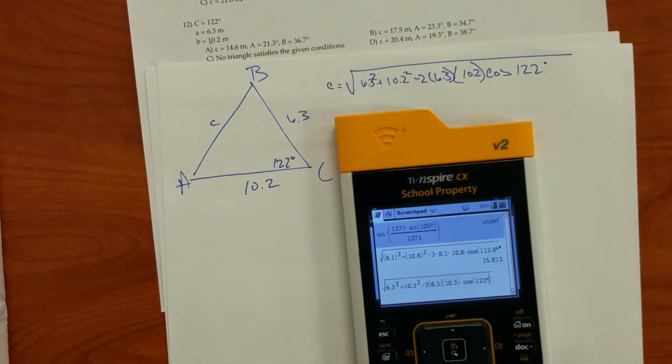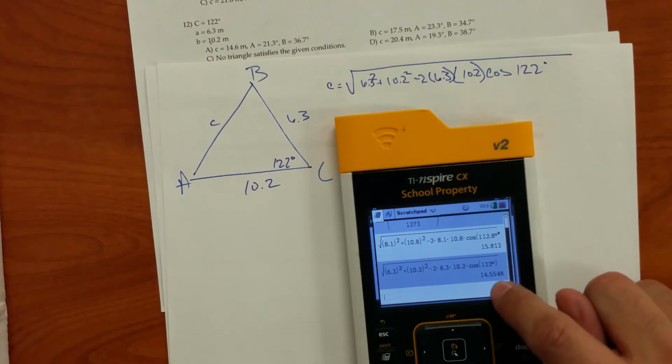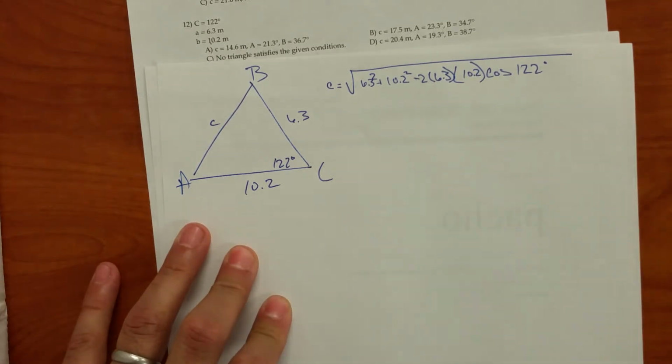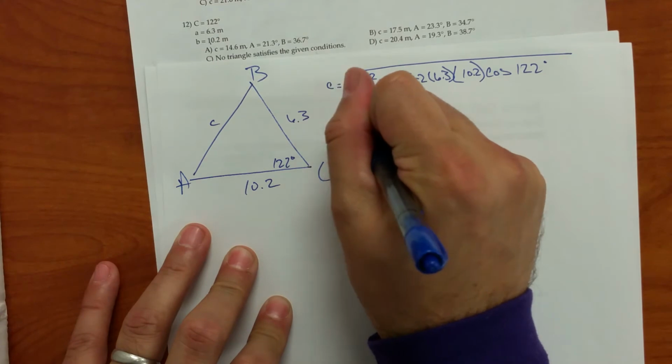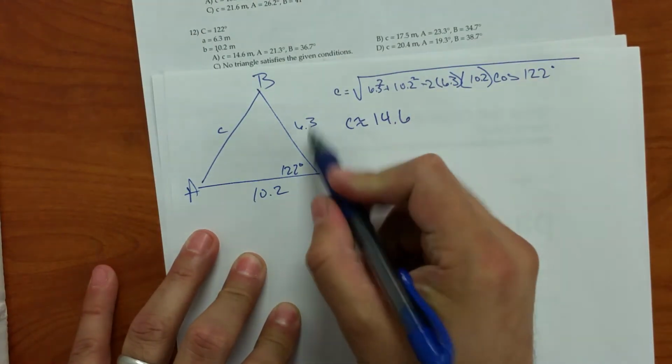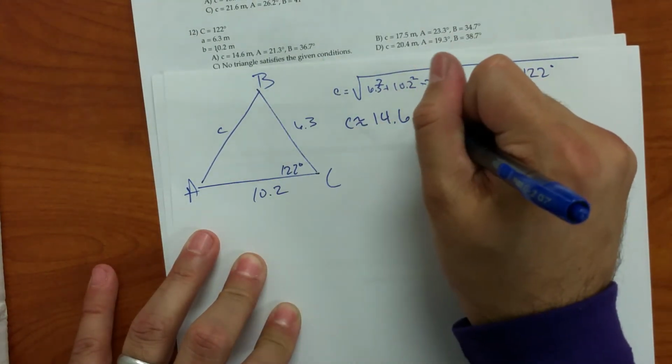There we go. And I get 14.6. So c is about 14.6, and my units are all in meters.